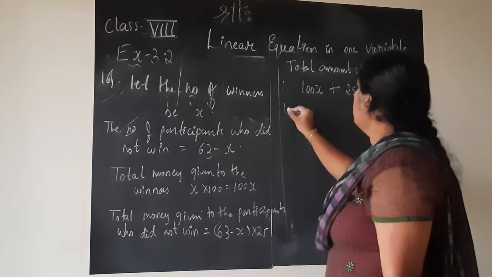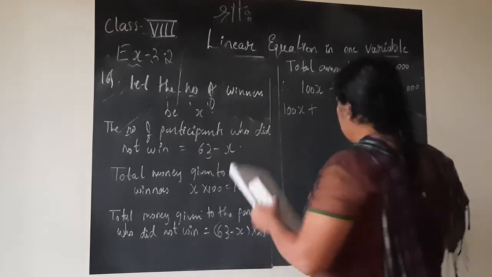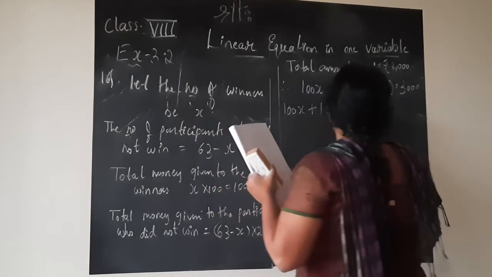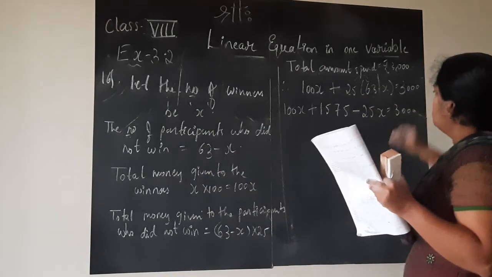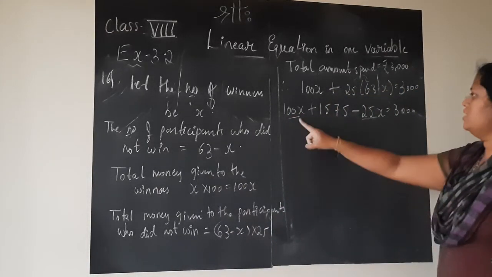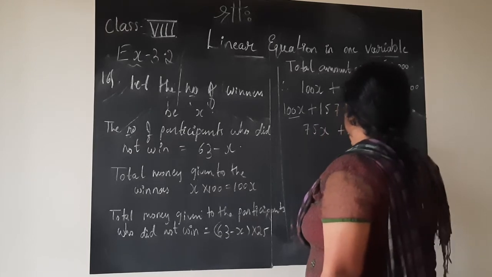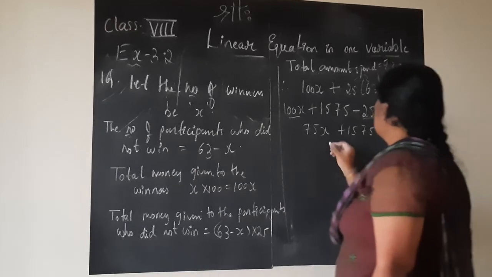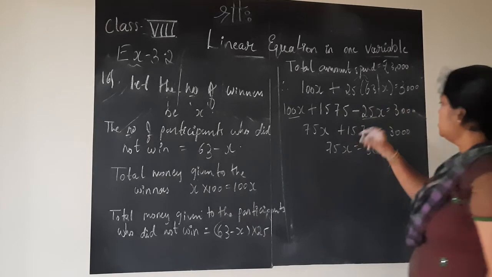Now next step, 100x as it is, multiply this 25 inside. So 25 into 63 is 1575, children, minus 25x is rupees 3000. So group the terms with x: 100x minus 25x, which is 75x, plus 1575 is 3000 rupees.